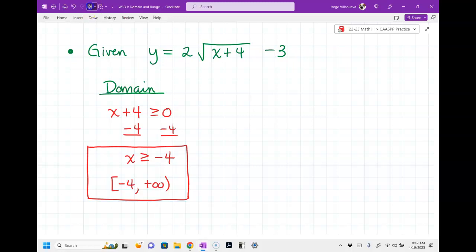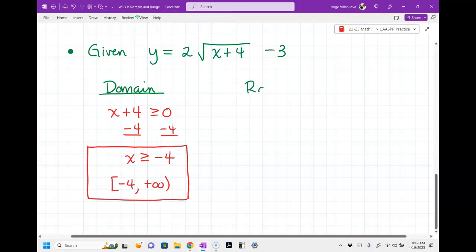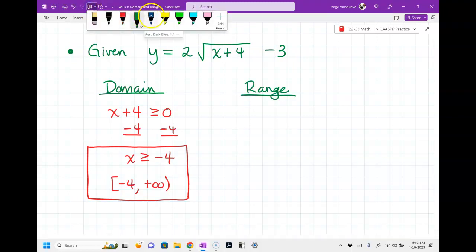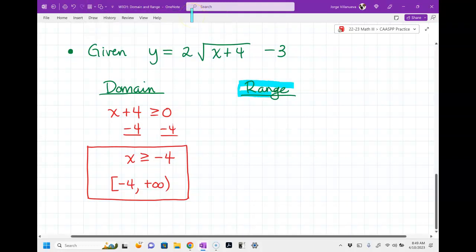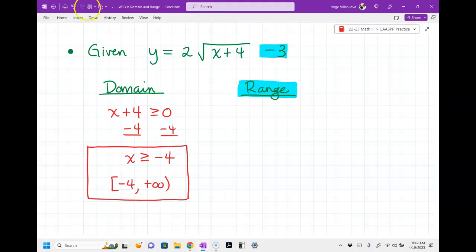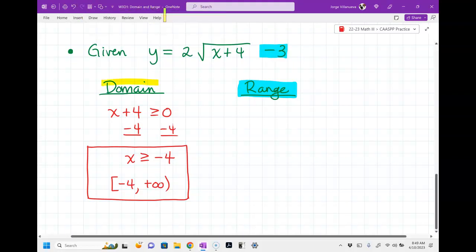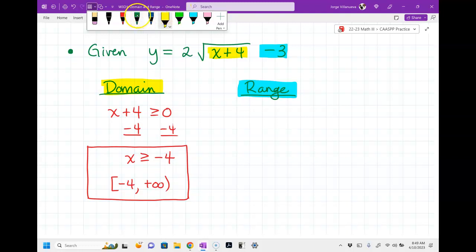Now, your range: you're going to find your range by looking at your outside number. I'm going to highlight this here so you can see the connection between these two things. Your domain is based on this. Your range is based on your outside number. That number tells you the lowest it can go.